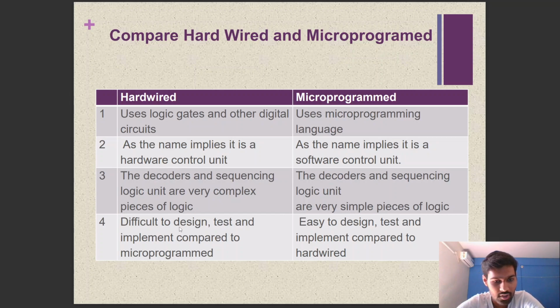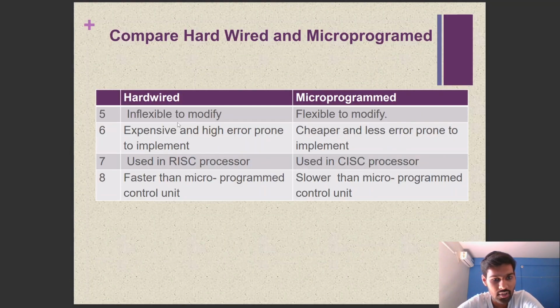Hardware is difficult to design, test, and implement compared to the microprogram control unit. The microprogram control unit is very easy to test, design, and implement compared to the hardware control unit. Hardware is inflexible to modify, while microprogram is flexible, we can modify this microprogram control unit.